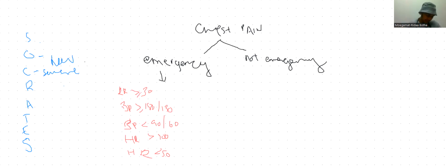Discomfort in the center or left side of the chest is in terms of the site or location of chest pain. We know that if it's central or on the left side of the chest, I'll put here a keyword to remember, the word center. Then pain radiates to the neck, jaw, shoulders, and arms. So R is for radiation.